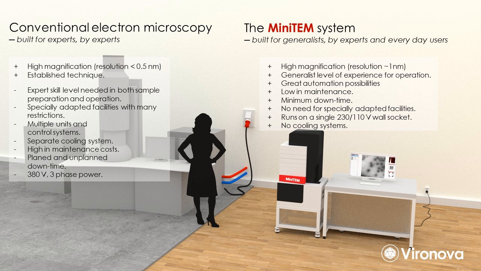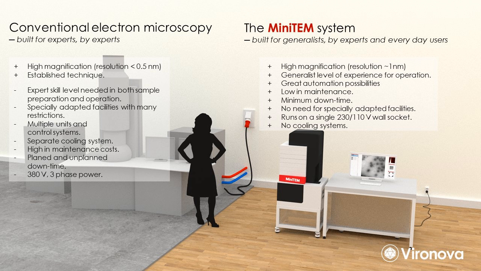The Minitime system, on the other hand, is designed for generalists, and the reason for making this system so easy to use is the small size and lower acceleration voltage, which makes it possible to get a less sensitive system, still with a high magnification, resolution of 1 nanometer.